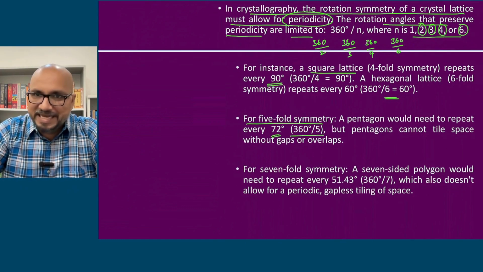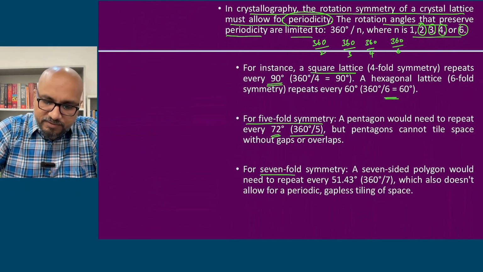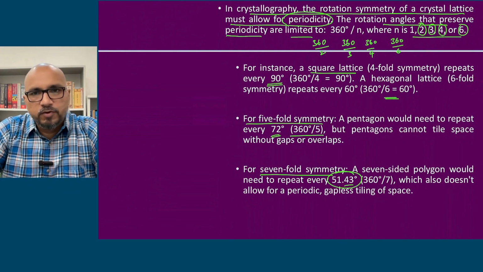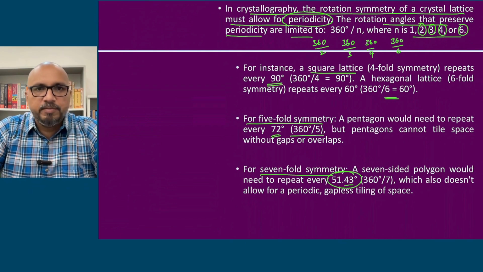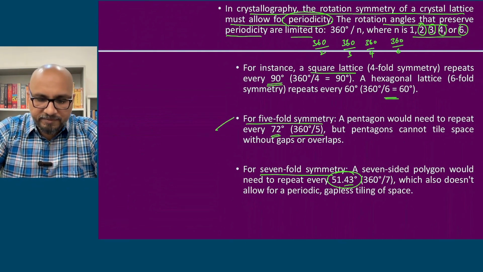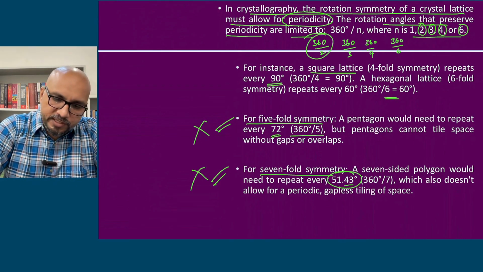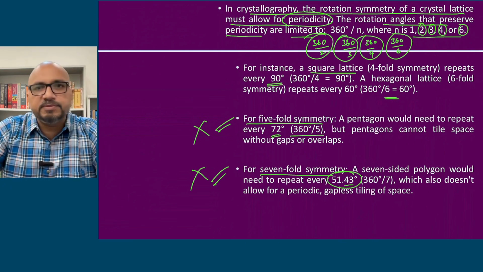Okay, without gaps बच जाएगा यहाँ पर. So for 7-fold symmetry, you see 360 by 7, it will give you 51.43 degrees. Again, there will be gaps left. So perfect periodicity 5-fold and 7-fold में नहीं मिलेगा तुमको, 8-fold में भी नहीं मिलेगा. So perfect periodicity तुमको सिर्फ 2-fold rotation, 3-fold rotation, 4-fold and 6-fold rotation में ही मिलता है.